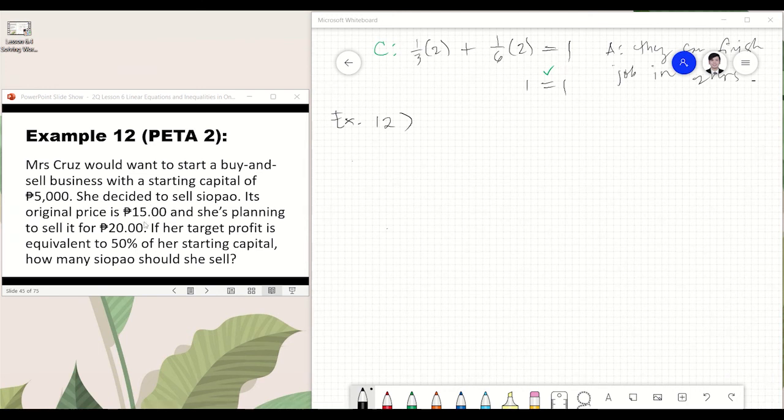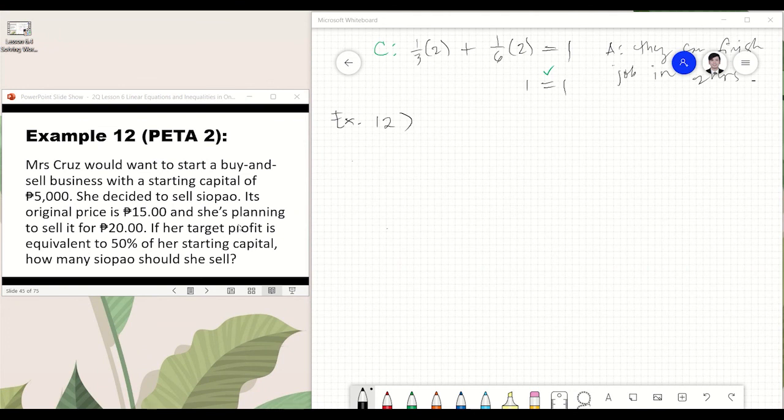Now, let's continue reading it. So I hope you understand what's the meaning of the 5,000, the 15 pesos, and the 20 pesos. So 15 pesos yung original price ng siopaw. She will sell it again by 20 pesos. So if her target profit is equivalent to 50% of her starting capital. So ano naman yung ibig sabihin ng profit?